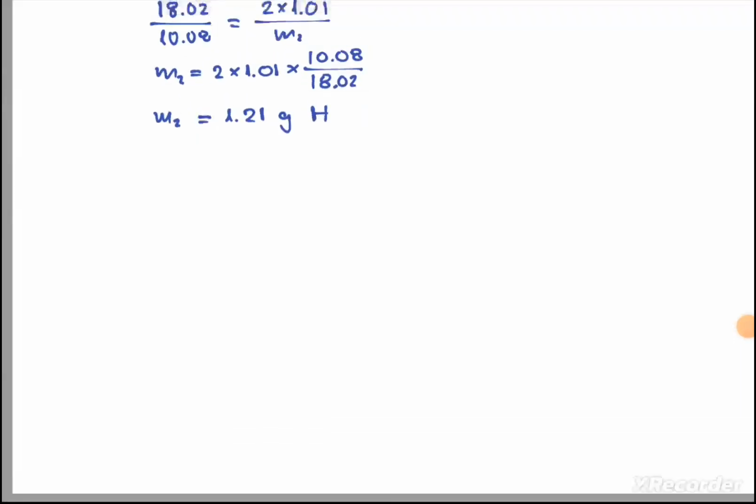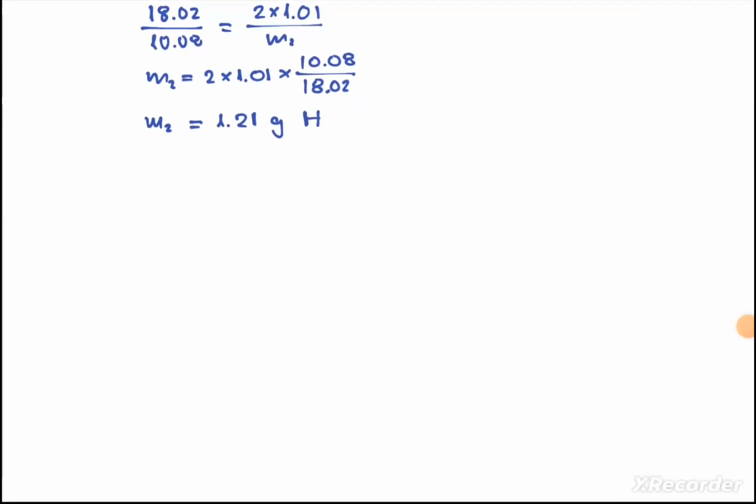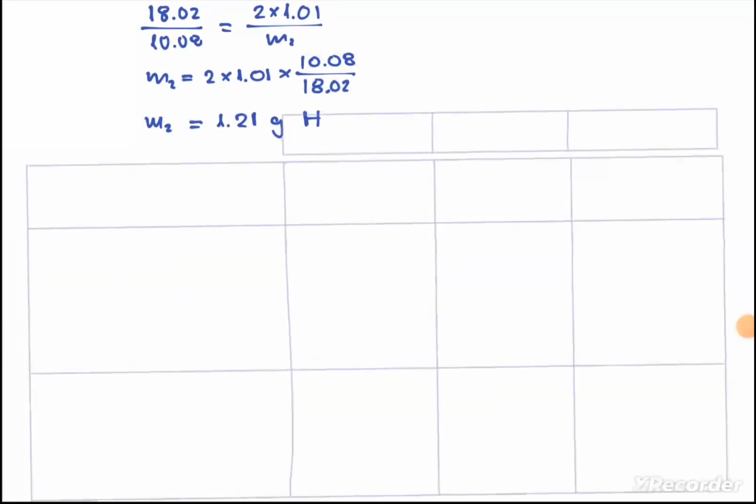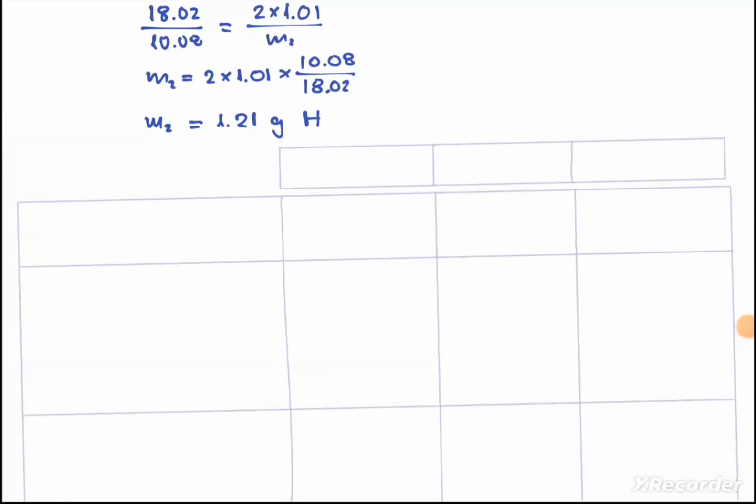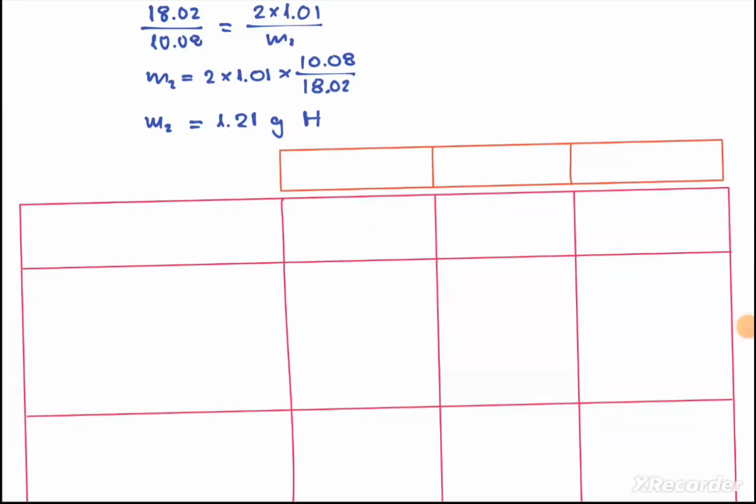Let's continue in the same way for the empirical formula. We have 2 elements, carbon and hydrogen, and in step 1 we have the amount of each element.